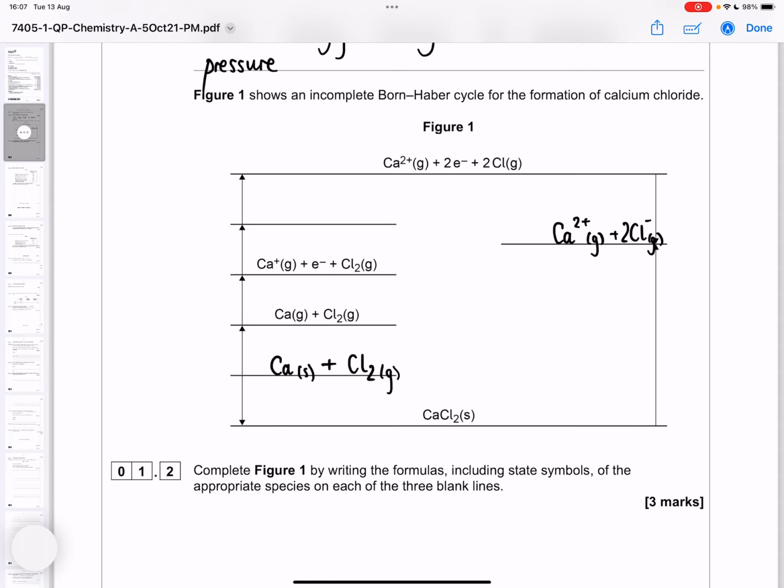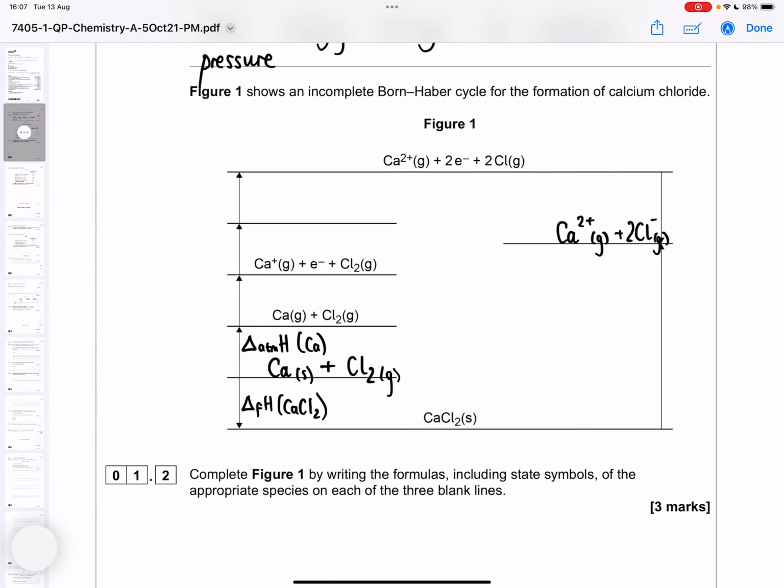So the first thing that happens after we've done our enthalpy of formation is that we are going to do some atomization of the calcium atoms. And then we can see that the calciums become calcium 1+, so that would be first ionization energy of calcium.